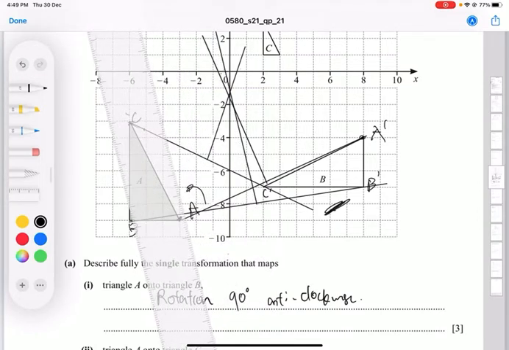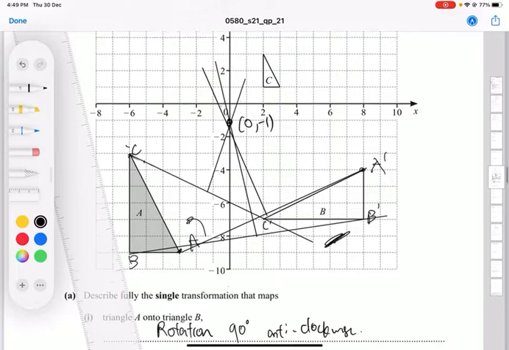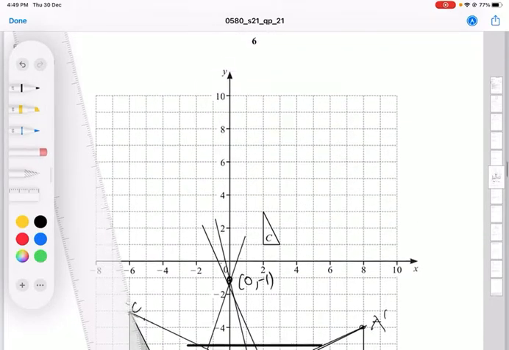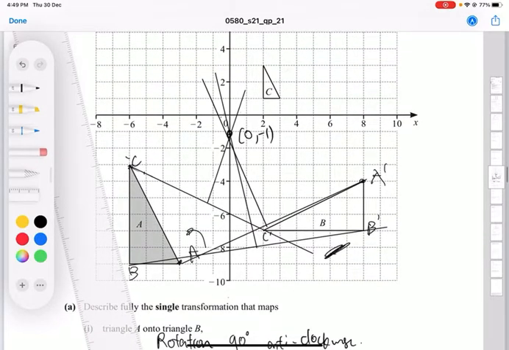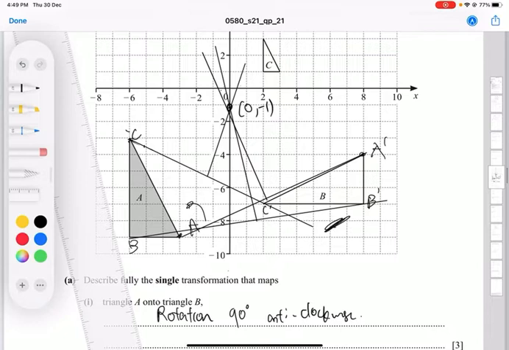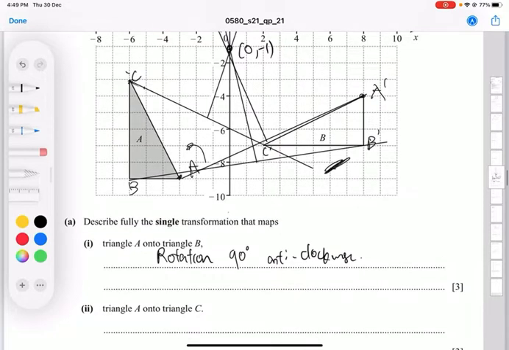And actually they all cross at this point here, 0, minus 1. If you draw it more accurately, it depends on the scale of the paper, but if you do a rough approximation, it does go to 0, minus 1, and that's the correct answer for the center of rotation.